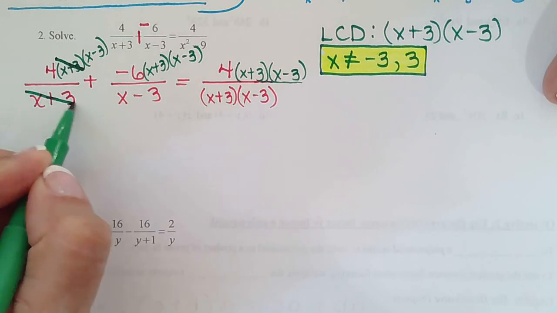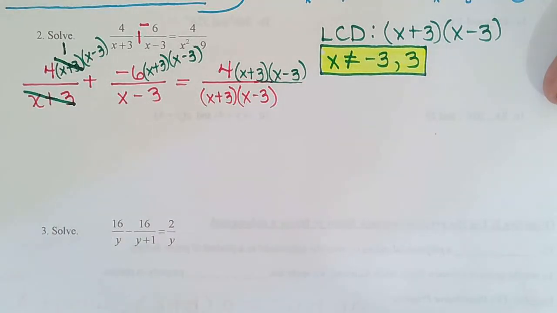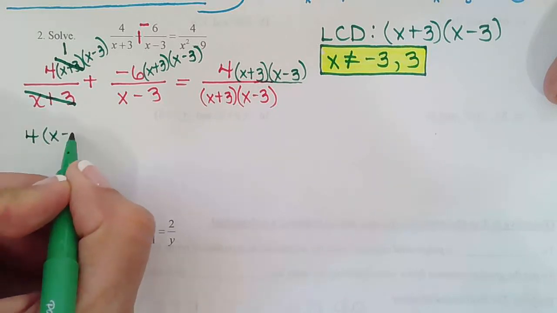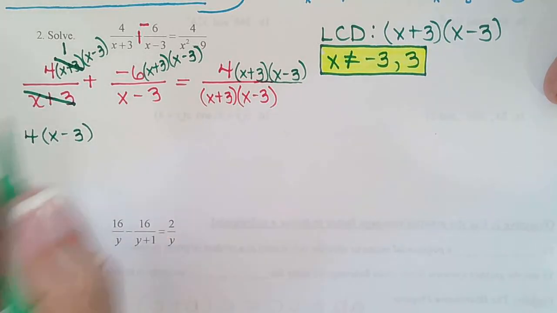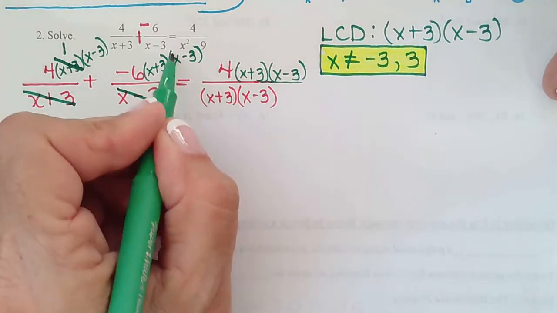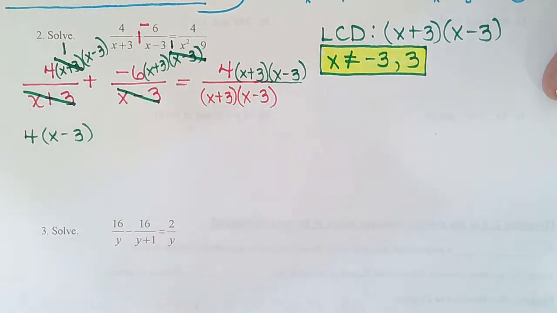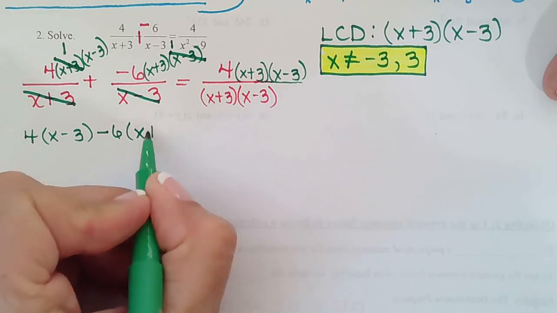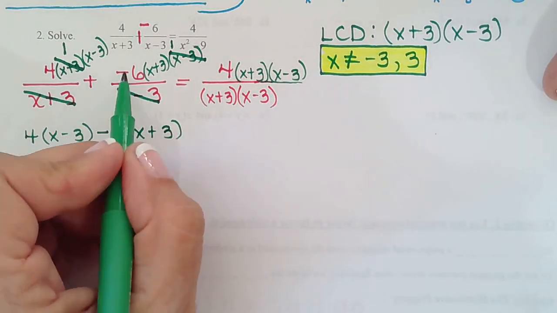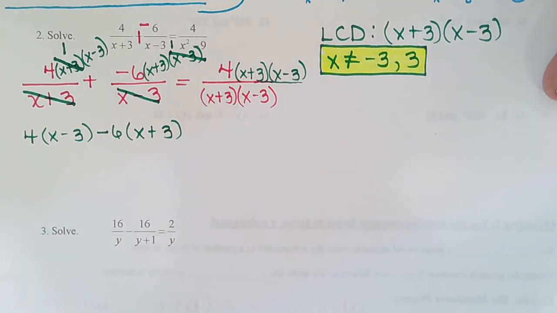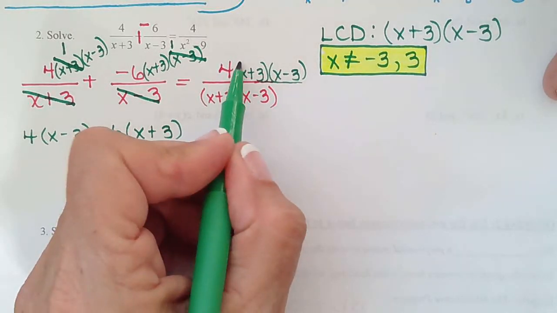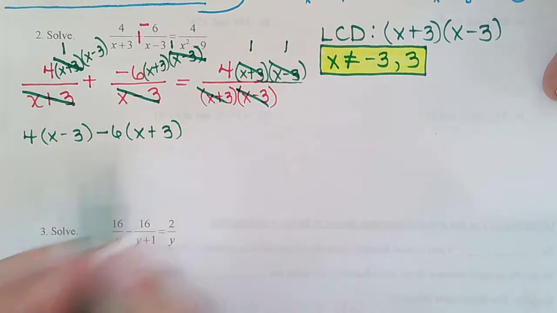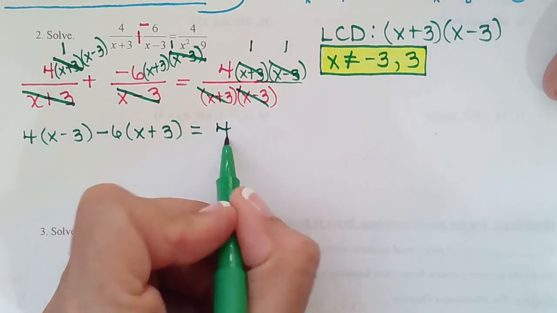So let's see. x plus 3 divided by x plus 3, 1. That fraction's gone, so we're left with 4 times x minus 3. x minus 3 divided by x minus 3, 1. So we're left with minus 6 times x plus 3. Remember, plus a negative is just minus. And here, look at this. Ding! 1. Ding! 1. So all we have is 4.